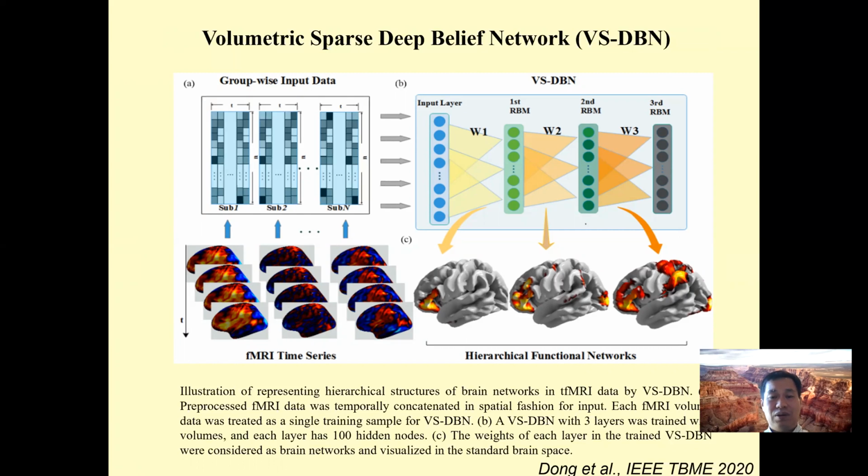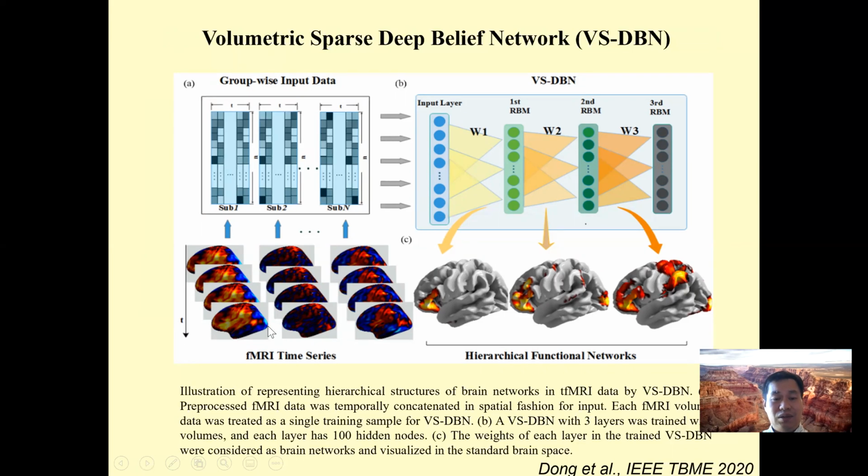But so far, we have not touched the topic of hierarchical organization of brain networks yet. So in a very recent work, my student Qing Dong in my group designed a new volumetric sparse deep belief network to model the hierarchical brain networks in the spatial domain.